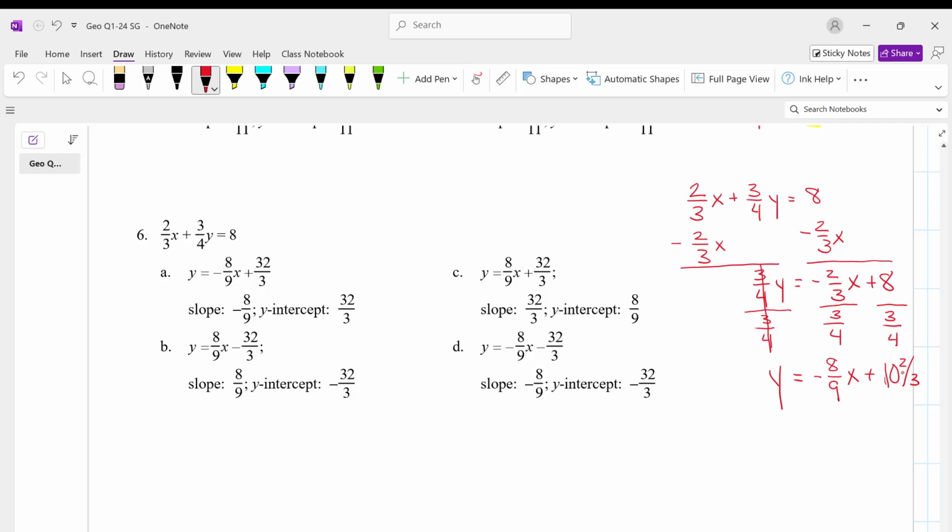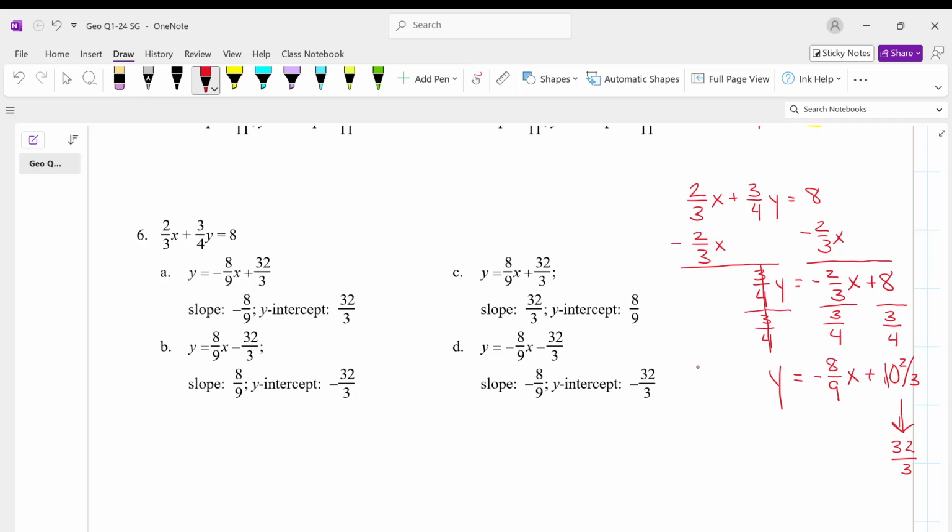Now, if you have 10 2/3 sitting on your calculator, you can push second and the fraction button, and it converts it to 32 thirds. Or you can take 10 times 3 is 30 plus 2 is 32 and put it over the 3.